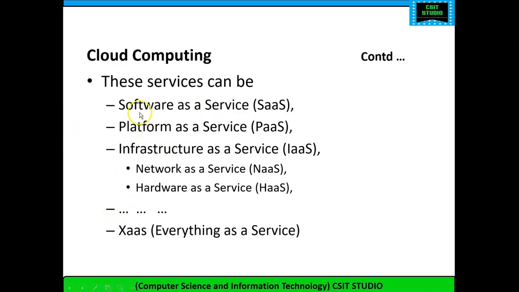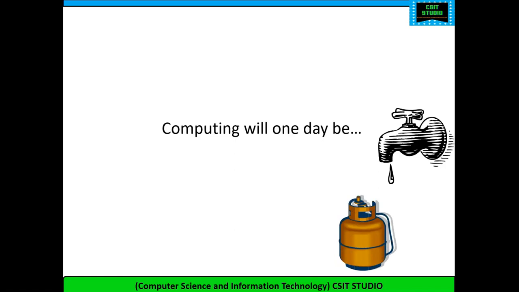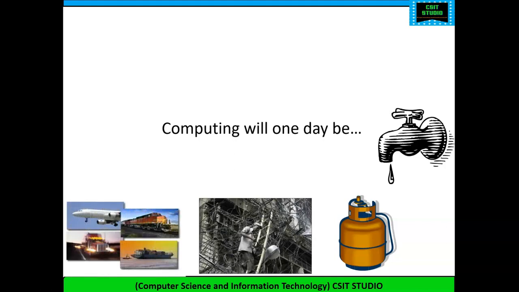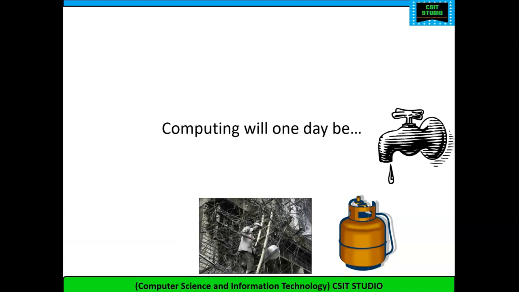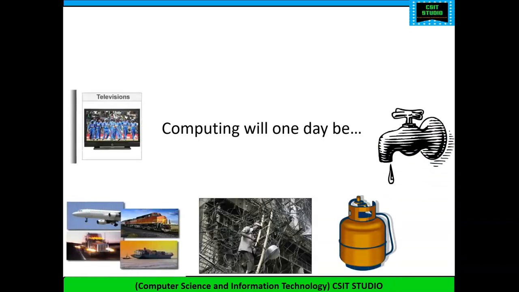Initially there were three services, software, platform and infrastructure, but these days everything is being provided as a service. So with the evolution of cloud computing, now we will be seeing everything as a service, and it is expected that one day cloud computing will be like utility services such as water, gas, electricity, transportation, television, telephone.